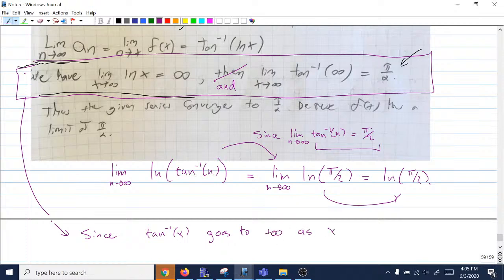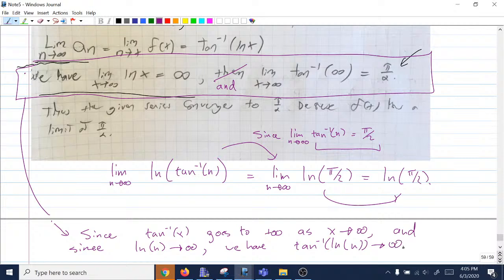As x goes to infinity, and since natural log of n goes to infinity, we have tangent inverse natural log n goes to infinity. Here's a way of phrasing this that connects those two dots. You've got the right reasons, and you're getting the right conclusion from connecting them together.